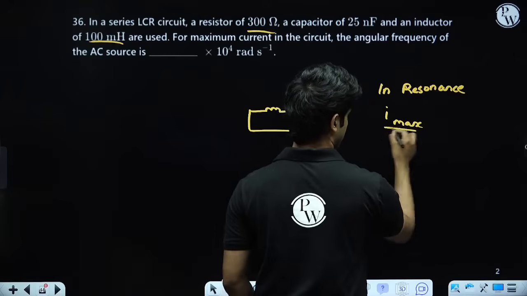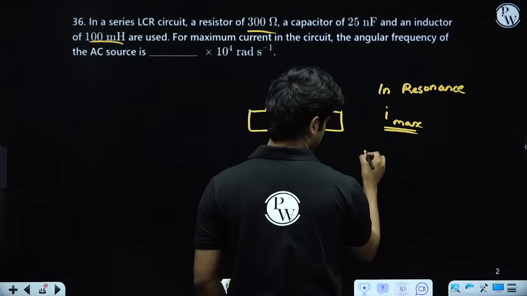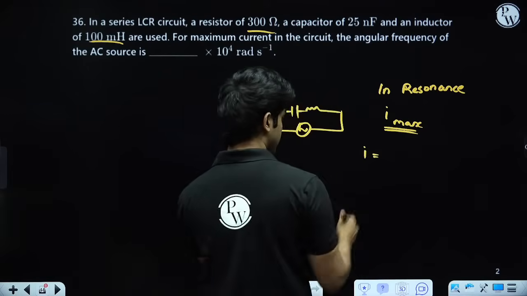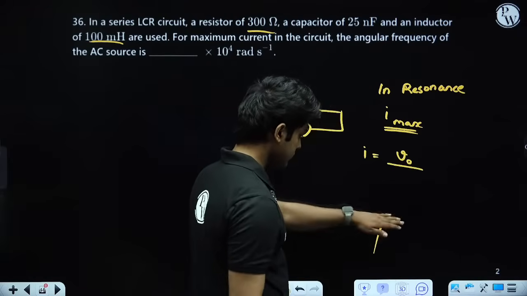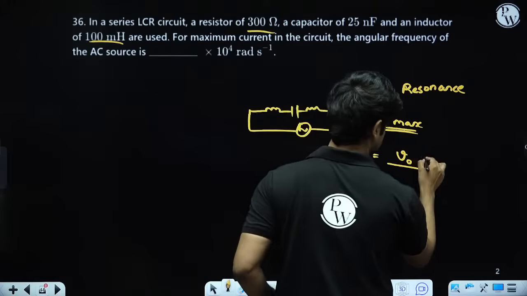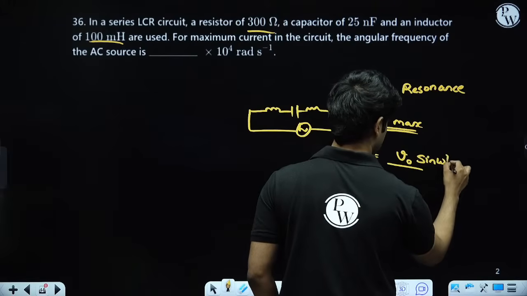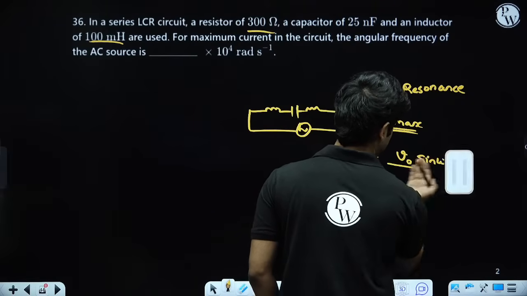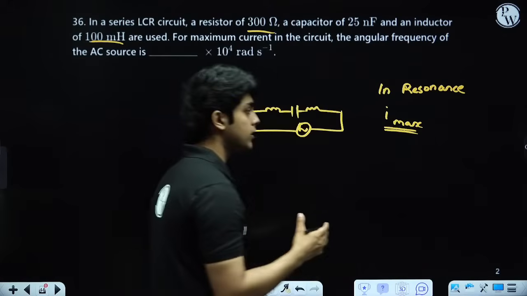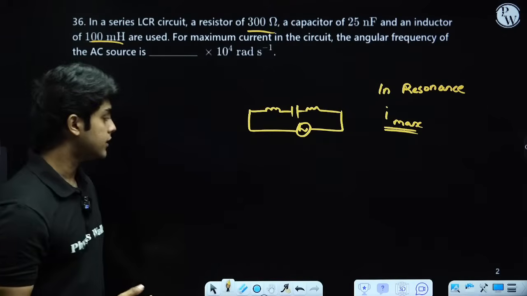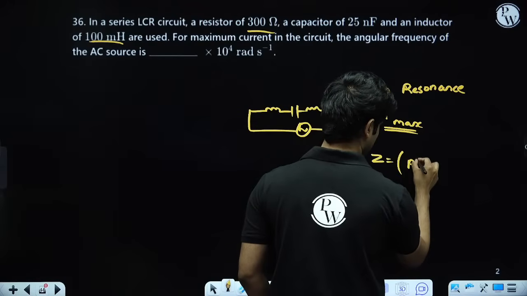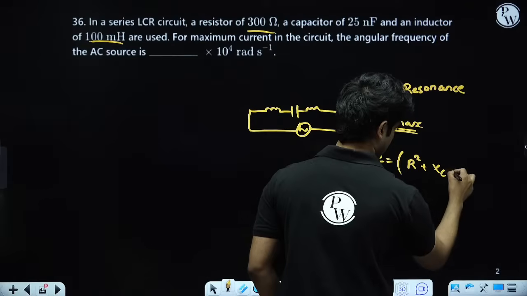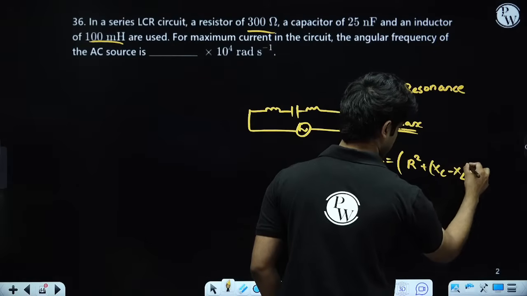This is because generally the current as a function we write as V naught divided by the total impedance of the circuit. The total impedance is the square root of R square plus (XC minus XL) the whole squared.